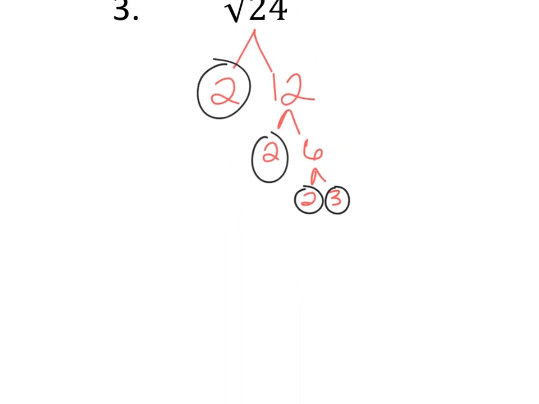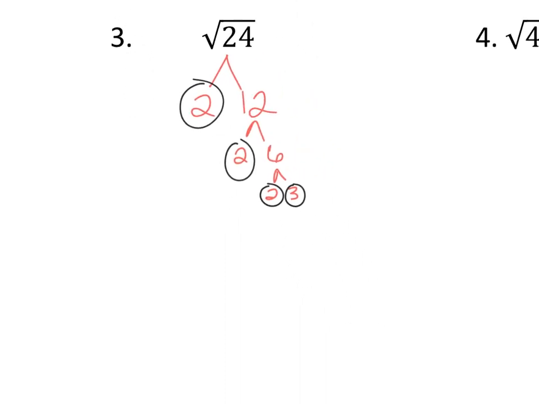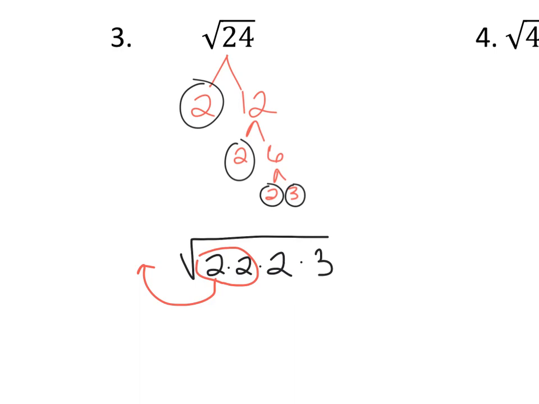We now write down all of our circled numbers under our radical. So I'm going to write 1, 2, 3 2's, and then I write the number 3. I circle my doubles. I have a double 2, bring it on the outside. Double on the inside becomes single on the outside.